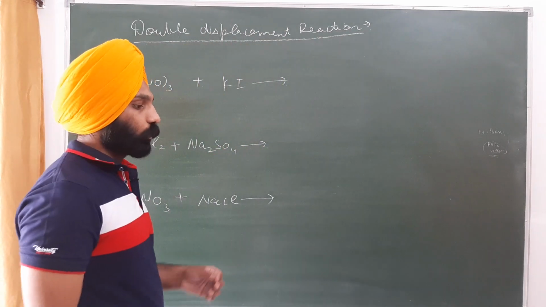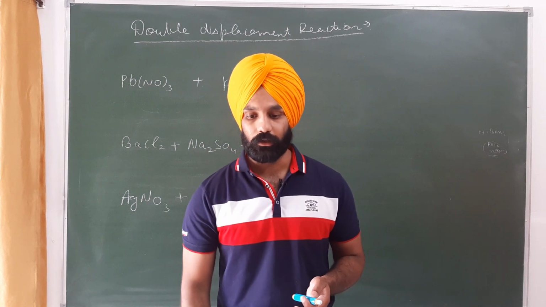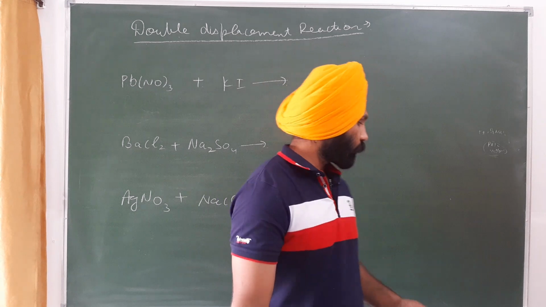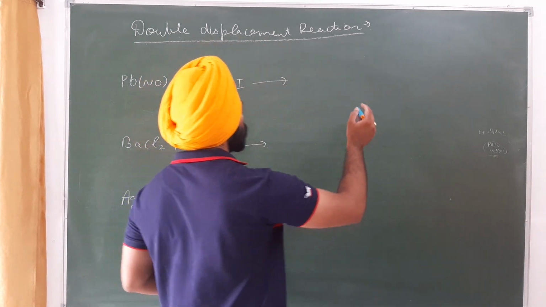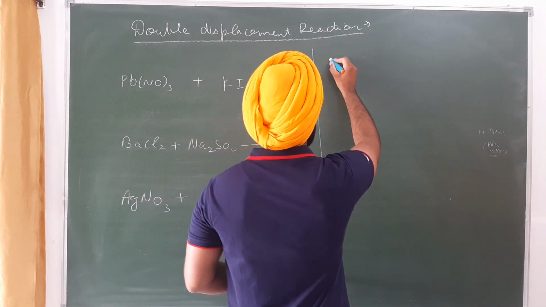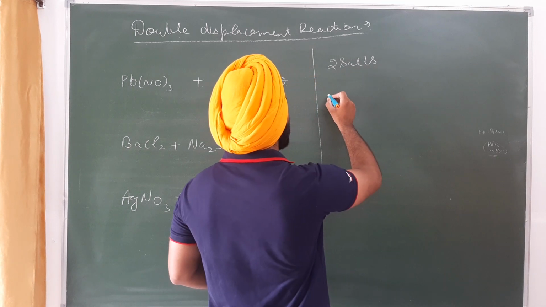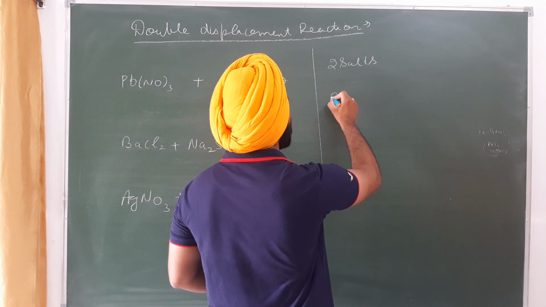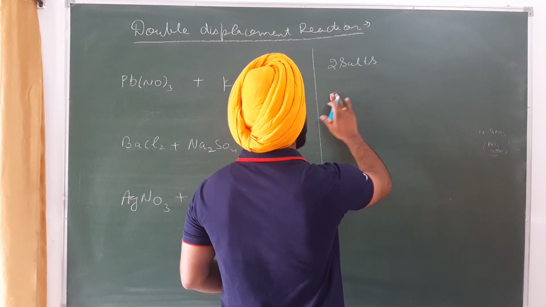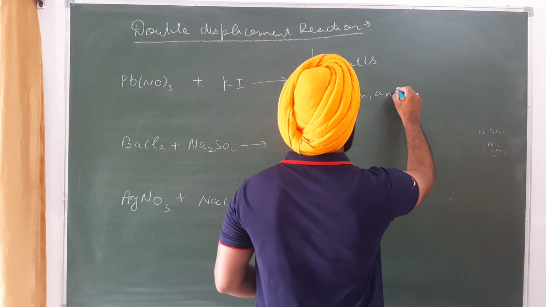So, what are the properties of a double displacement reaction? Students, in a double displacement reaction, first of all, we have two salts as reactants. Let us suppose here is one salt, cation 1 anion 1.